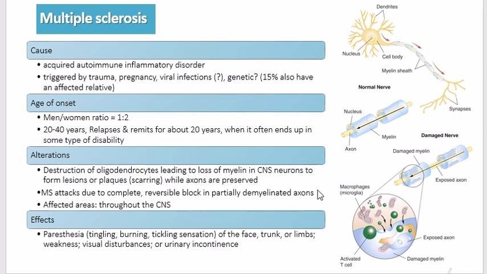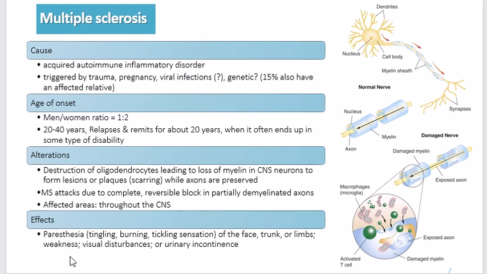So if you remember, myelin is involved in speeding the conduction. And so if we have loss of myelin, we end up with reduction in conduction speed, leading to overall loss of function. Some of the effects that are seen are paresthesia, so tingling, burning, tickling sensation on the face, trunk, or limbs.